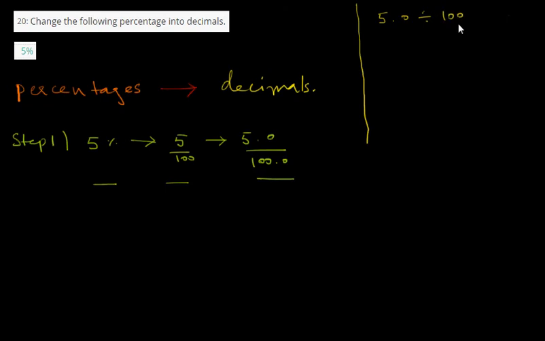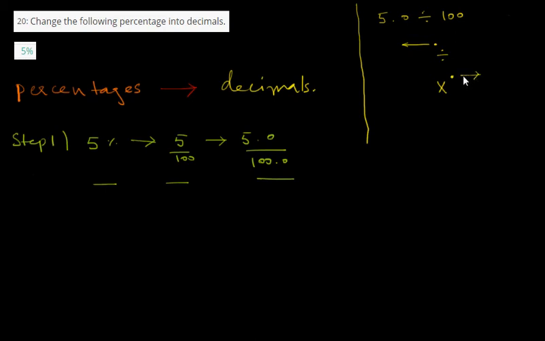So this can be rewritten as this, and whenever we're dividing and we are dealing with decimals, there's a rule of thumb that is always followed. So whenever we're talking about division, the decimal point moves towards the left, and whenever we're talking about multiplication, the decimal point moves towards the right.